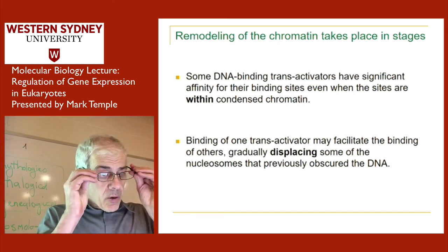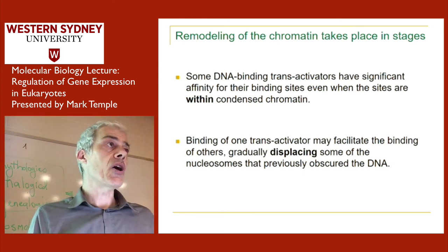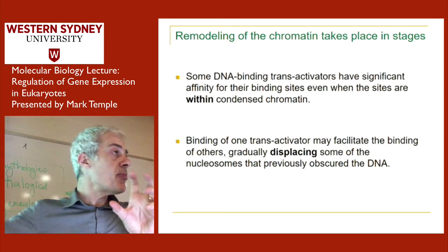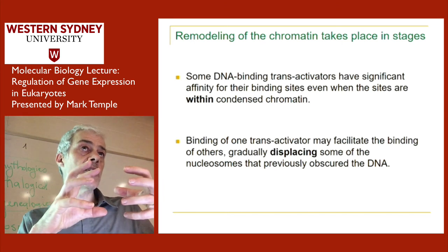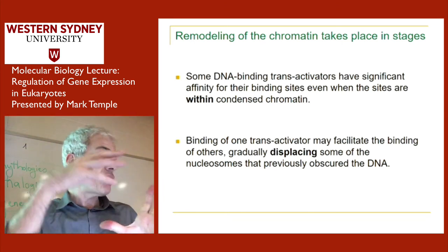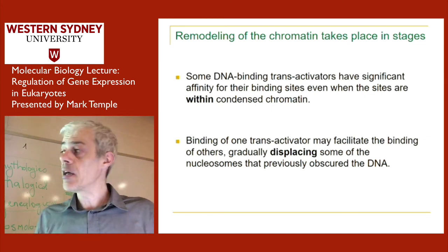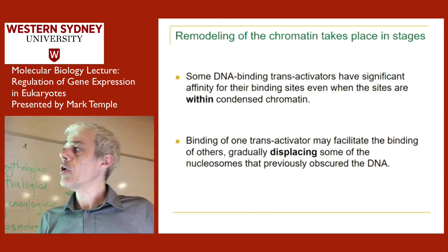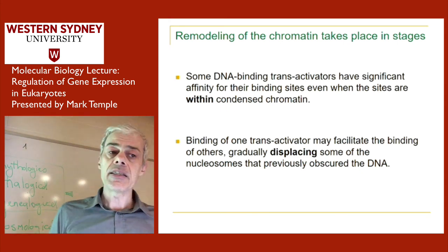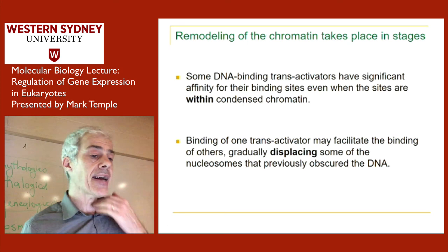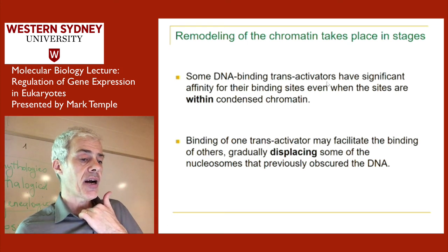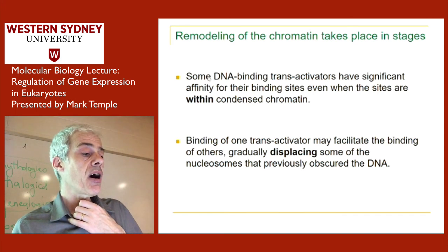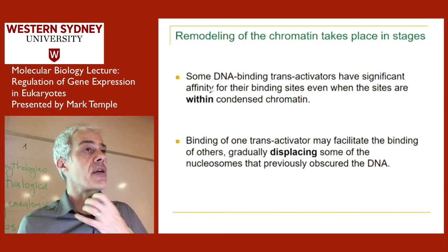So we've talked about remodeling of the nucleosome, meaning that the nucleosome can be shunted along away out of the promoter, or the nucleosome can be made to be more open so that the transcription machinery can get in there and start binding. You have to think, well, what initiates the process? One of the ways they're thinking is that some of these transcription activators, some of these proteins that bind, have strong affinity to bind DNA. So they can bind to DNA more strongly than the histones can.